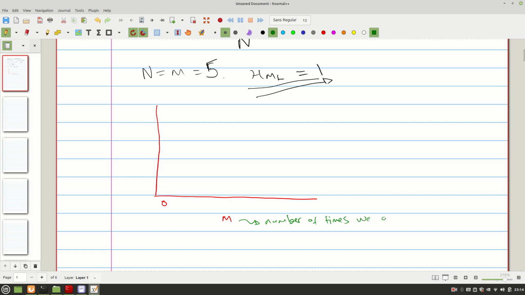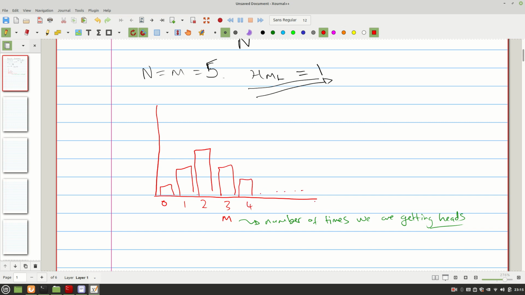Okay, so what's the probability that we don't get heads at all, the probability that we get it once, the probability that we get it 2 times, 3 times, 4 times, all the way until say 10 times?